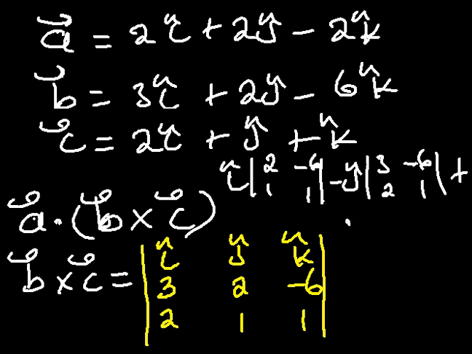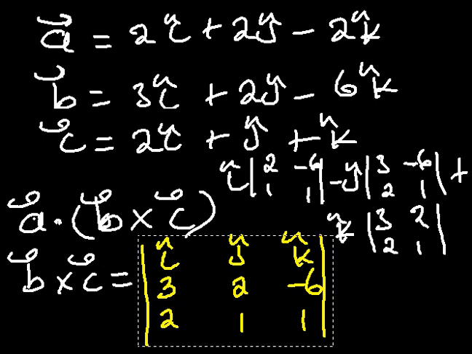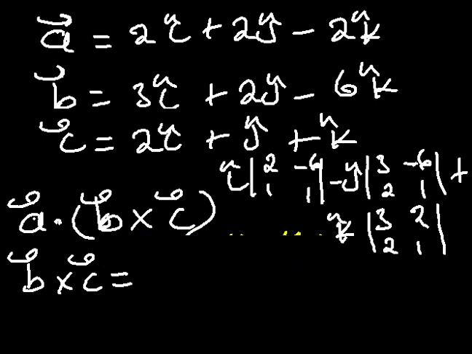And plus k. Now we have the k component given as 3 down 2 and 2 down 1.